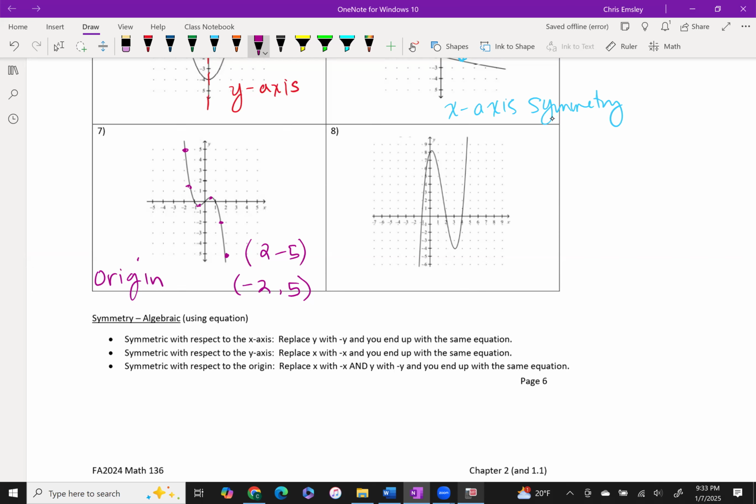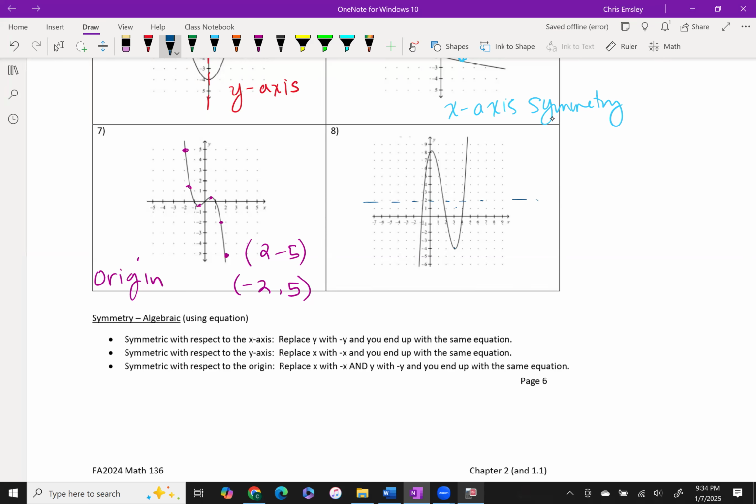Okay, this last one. One of the things I do when I try to look at these graphs and see if there's symmetries, I try to imagine where the line would be that would cut this graph in half or split it down the middle. If I were to try to split this one down the middle, I maybe would try like here. Does that split it down the middle?